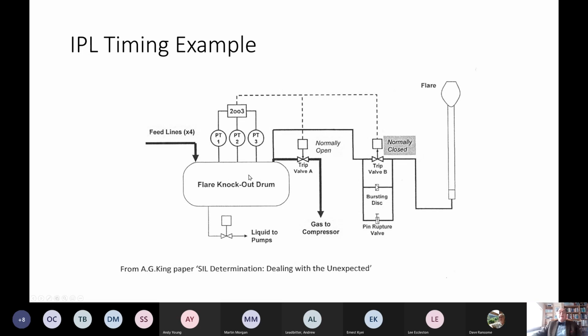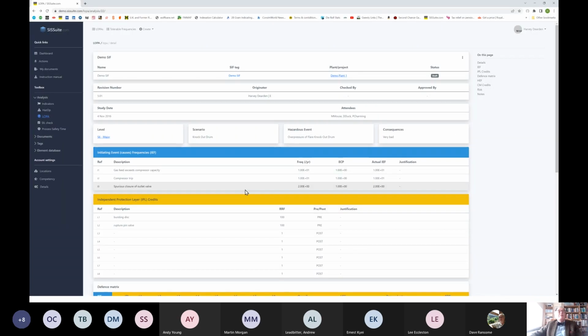Okay, so that's the scenario. We're concerned about an overpressure in this drum. And at this point, I'm going to switch, if I can get this right. Hopefully everybody can see now a LOPA analysis screen. For this purpose, I'm using the SysSuite software.